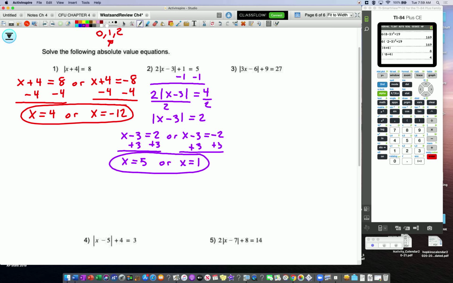So again, I want to check my answers. This one is a little more work to type in. So I go to math, select my absolute value. My first number was 5, 5 minus 3. I have to use my right arrow to move outside of it, and I have to add 1. And sure enough, it equaled 5, as it says right there.